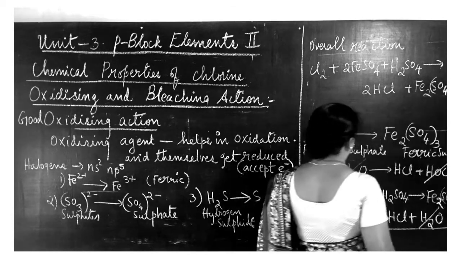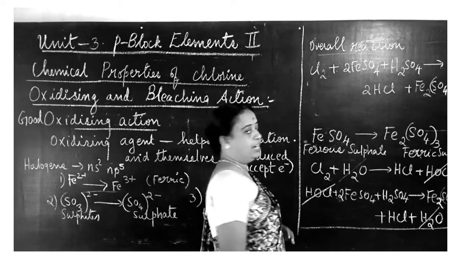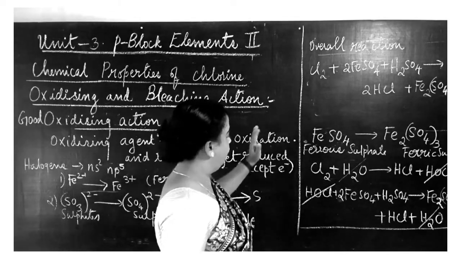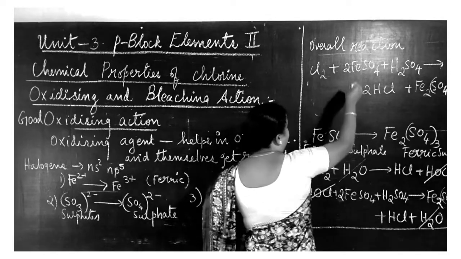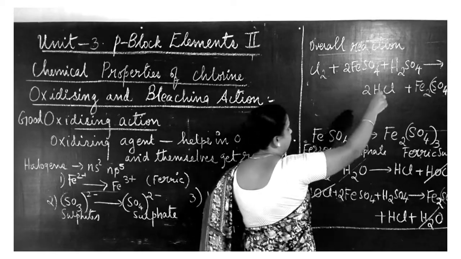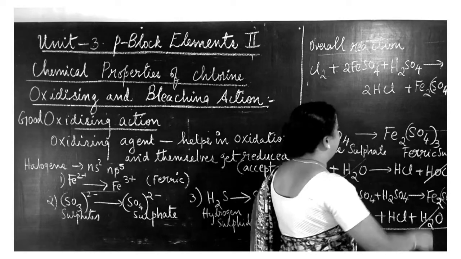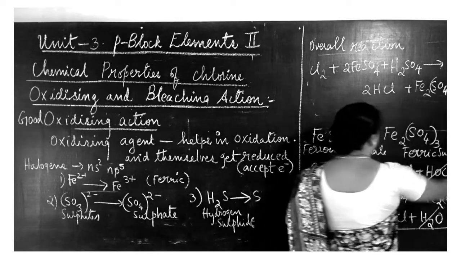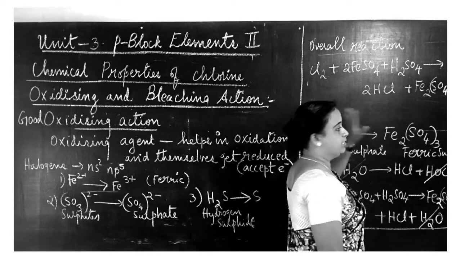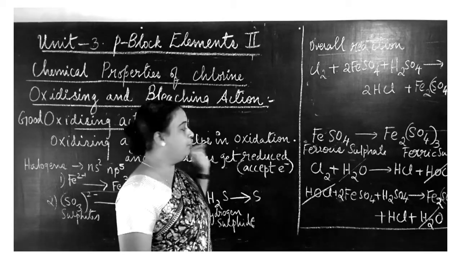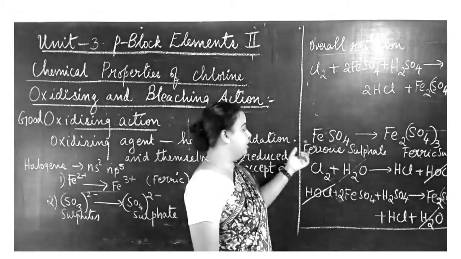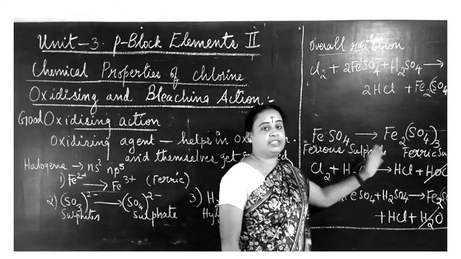So this is the overall reaction. So overall, chlorine reacts with FeSO4, that is ferrous sulphate, in the presence of H2SO4 to give ferric sulphate Fe2(SO4)3 and 2 HCl. Fine. So that is the oxidizing action of chlorine, oxidizing the ferrous sulphate to ferric sulphate.